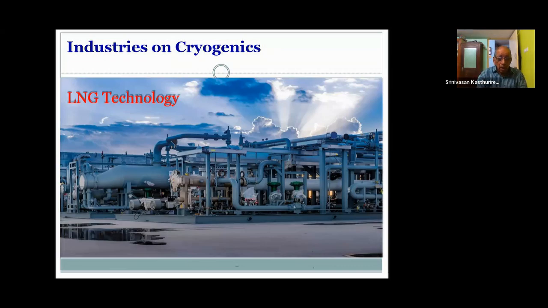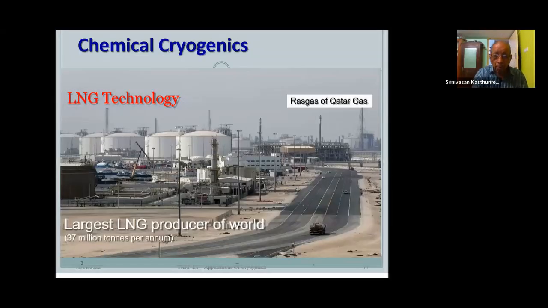This slide shows one of the huge plants available for LNG. The largest LNG producer of the world is about 37 million tons per annum, Ras Gas of Qatar Gas.